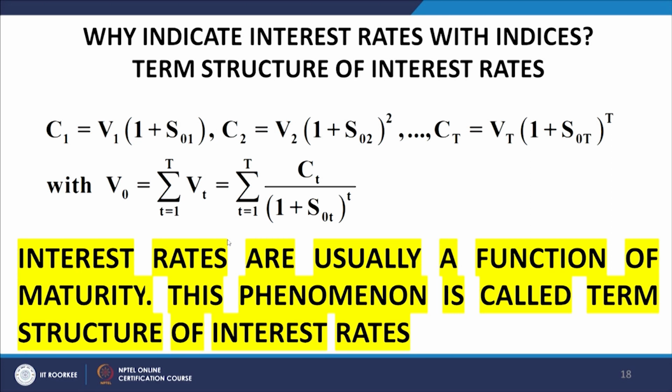There is another very important feature, that I have mentioned just now, that S01 is the market interest rate for a deposit of 1 year. S02 is the market deposit rate for a period of 2 years, and by doing the no arbitrage exercise, what we get is the bond's market price.